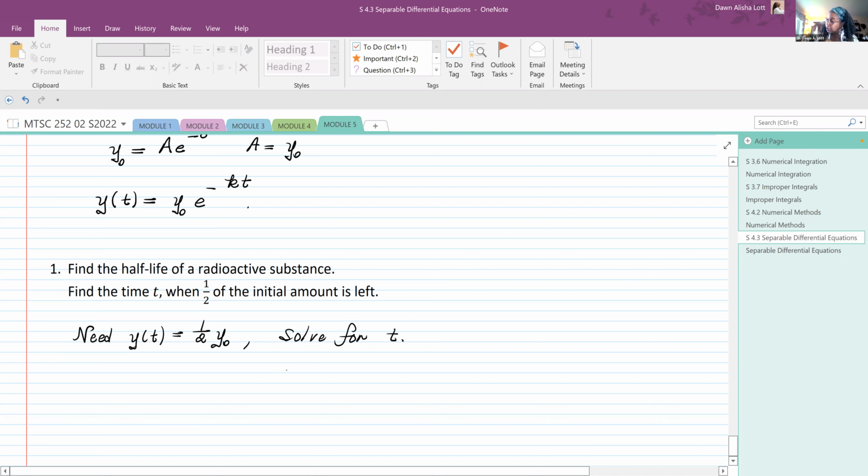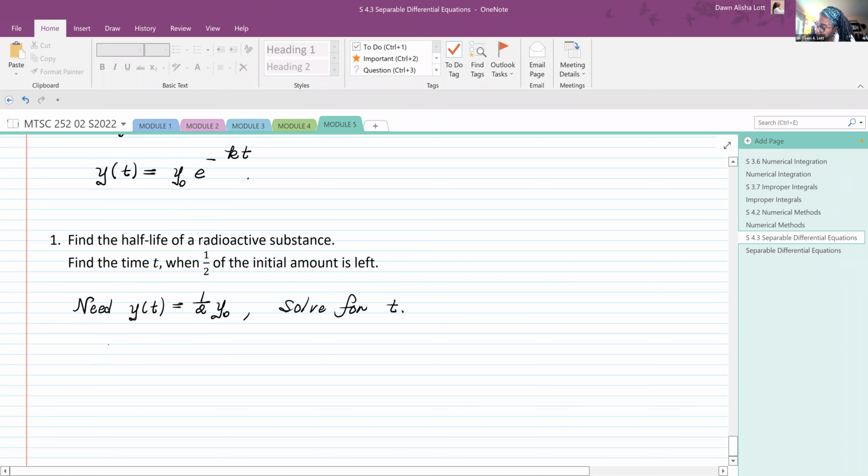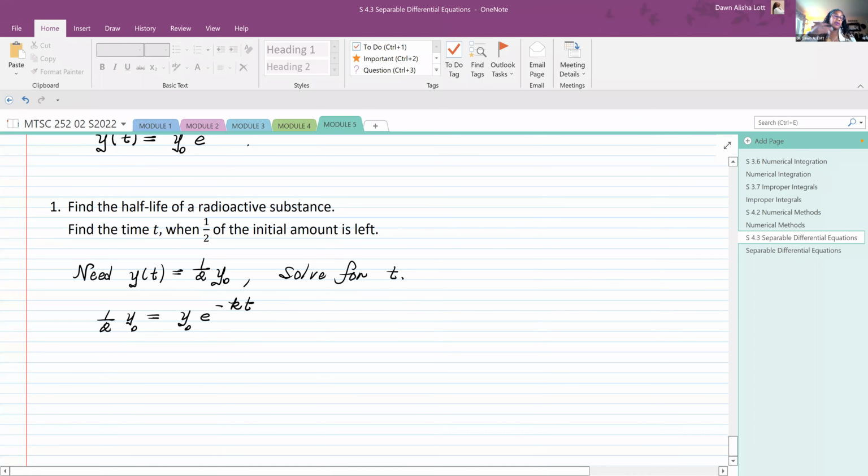I'm going to give it a name when we're done. So we get one half of y0 equals y naught e to the negative kt. We have y naught on both sides. y naught is not 0, because if our population is 0, it'll never change. So we can divide by y naught and we get one half equals e to the negative kt.